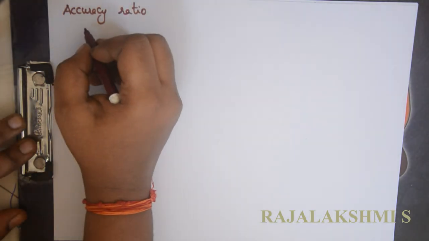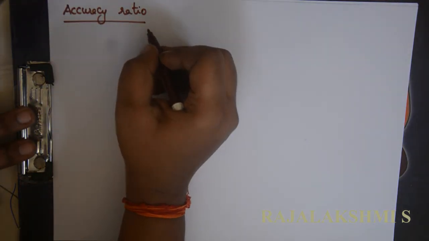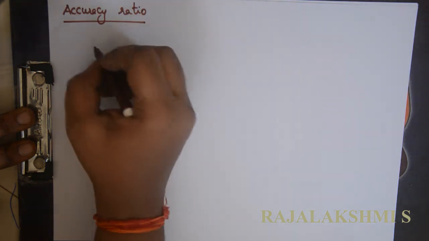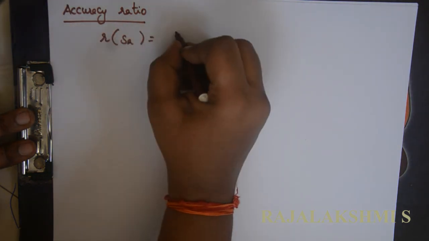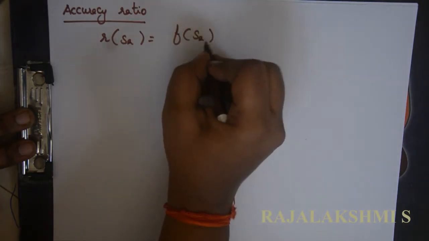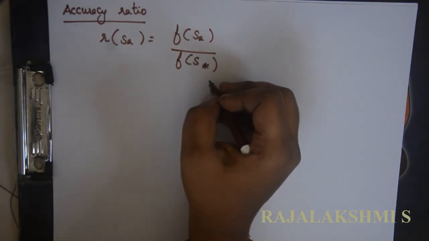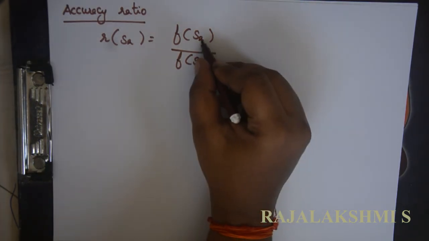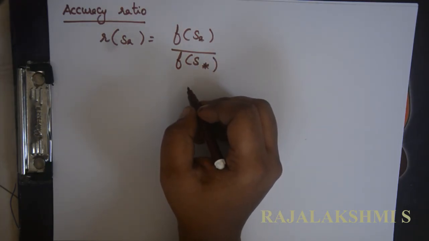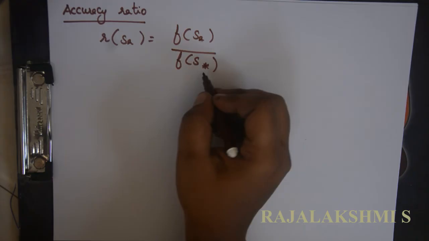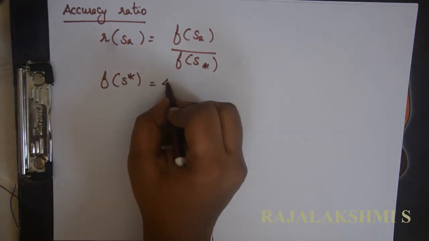The formula for accuracy ratio R of SA is equal to F of SA divided by F of S star, that is the ratio of the approximate solution to the exact solution. Okay, so the exact solution using the exhaustive approach we obtained, F of S star, is equal to 45, right?